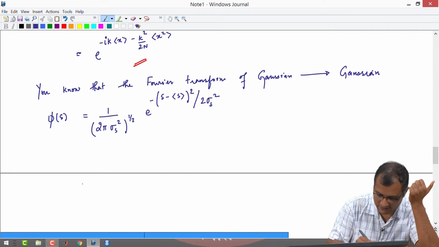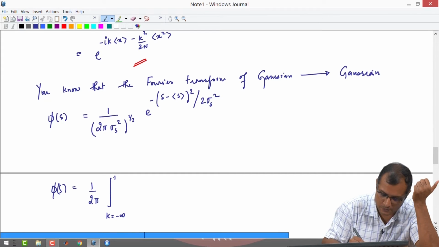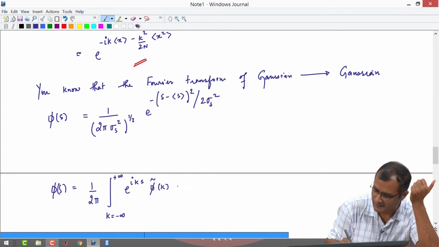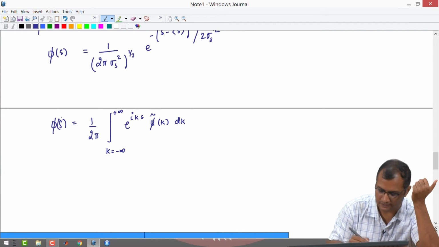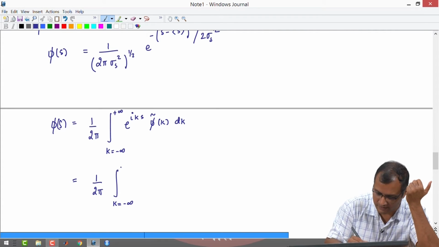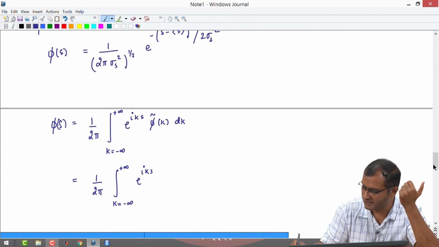So, you can write down phi of s as the inverse Fourier transform of phi of k. The inverse Fourier transform is nothing but the integral over k going from minus infinity to plus infinity of e to the power i k s phi of k dk. You should get that. So, let us do it. So, you have 1 upon 2 pi, k going from minus infinity to plus infinity, e to the power i k s, and phi of k is just derived here.